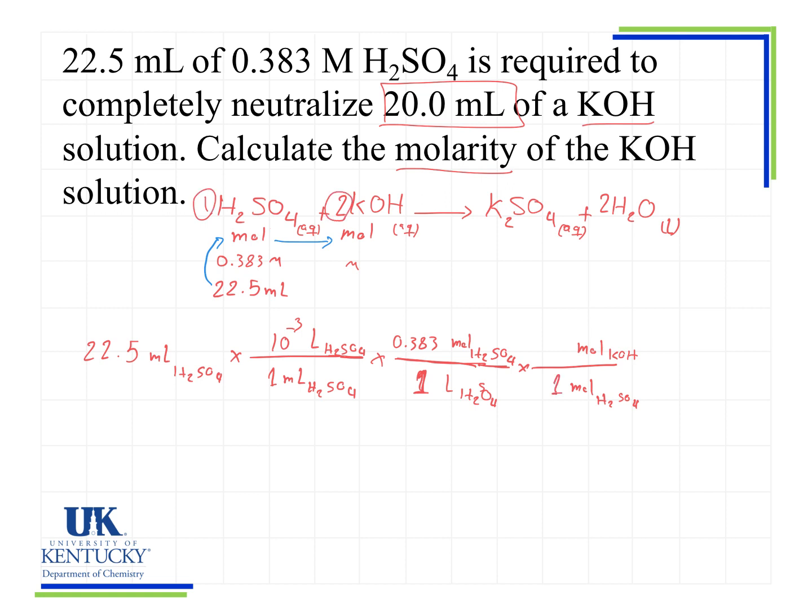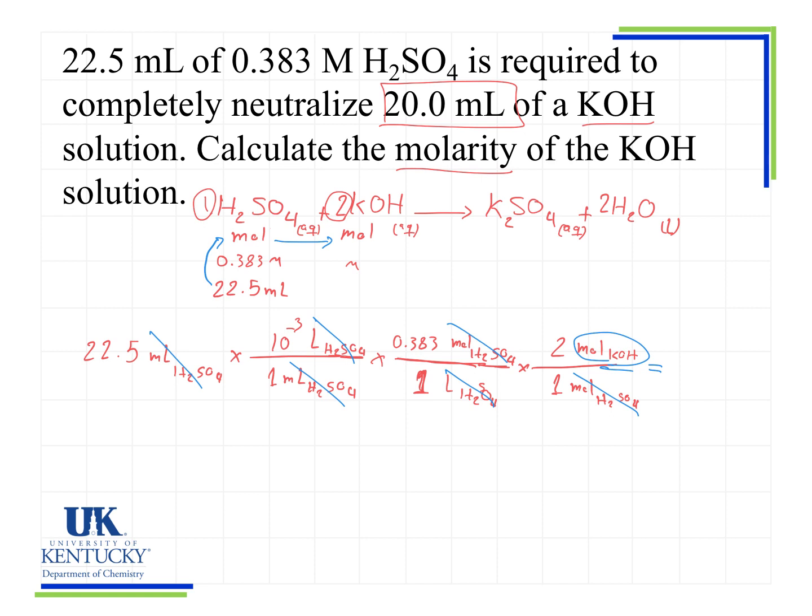So 1 mole of H2SO4 requires 2 moles of KOH. So I'm going to stop here and find the mole of the KOH first, and then I can divide it by the volume. So I can cancel milliliter of sulfuric acid with milliliter, liter of sulfuric acid with liter, mole of sulfuric acid with mole of sulfuric acid, and end up with mole of KOH.